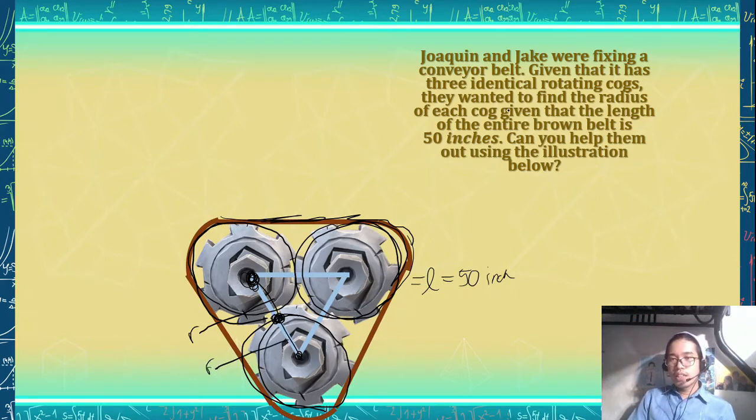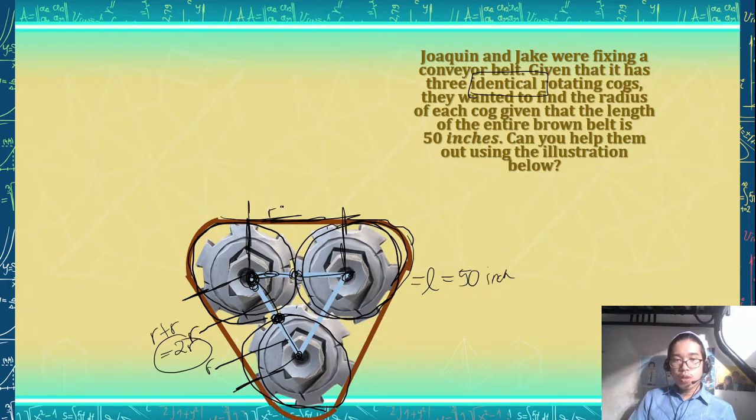And what did they say in this problem? All of the cogs are identical to each other. So therefore, the measurement of this part is going to be r plus r, which is equal to 2r. And we're just going to replicate that. That pattern is just going to continue. This is another radius, and this is another radius, so that's r plus r.